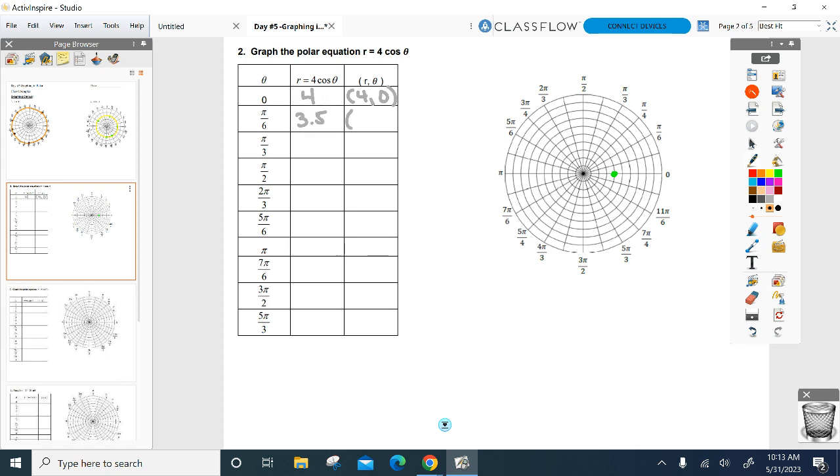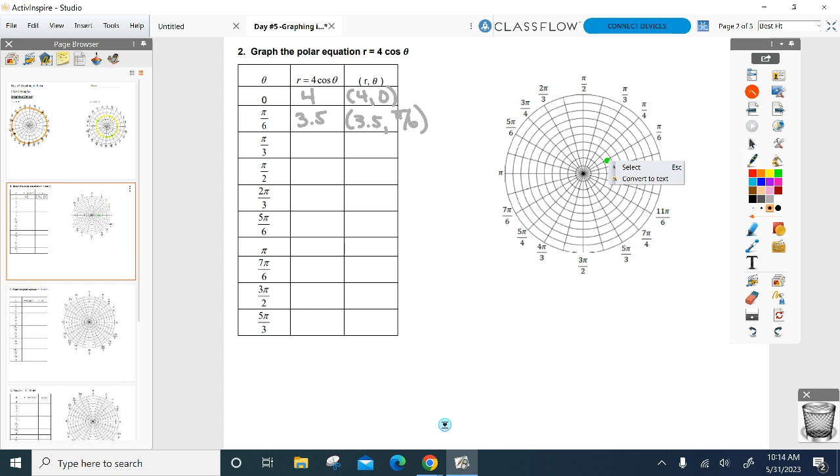All right, so we're going to graph (3.5, pi over 6). It's already labeled, so you don't need to bother putting it at a 12. At pi over 6, make sure we go about 3.5 out. And keep in mind what order we're doing these in, because we have to connect them in the same order we plot them when we're done.